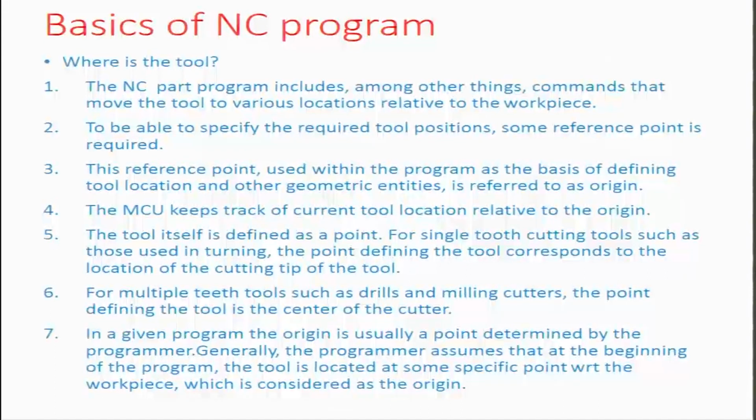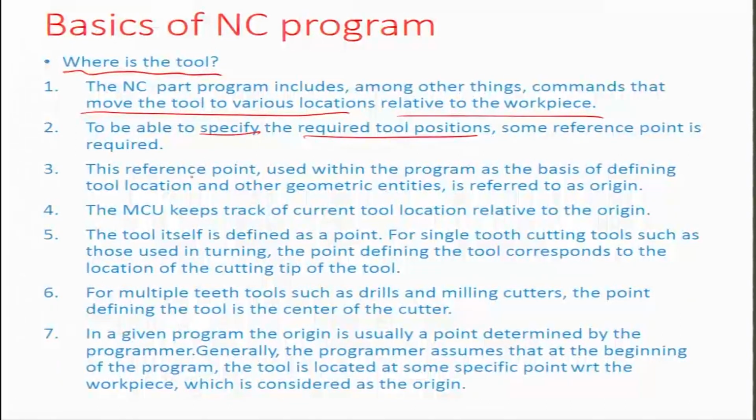So, the other question that needs to be addressed is, where is the tool? Now, the NC part program includes, among other things, commands that move the tool to various locations relative to the workpiece, and if you are able to specify the required tool positions, obviously these specifications need to be with reference to some point which is known as the origin.